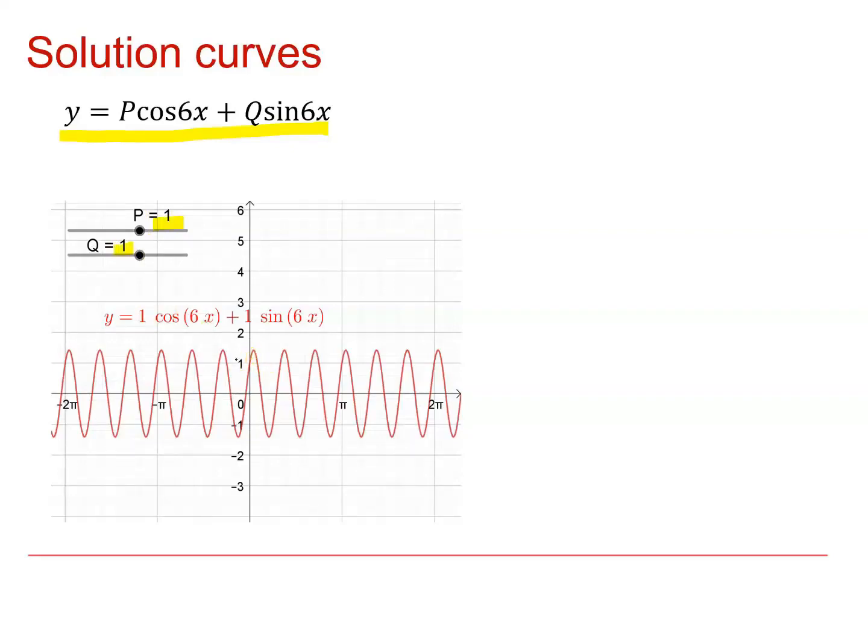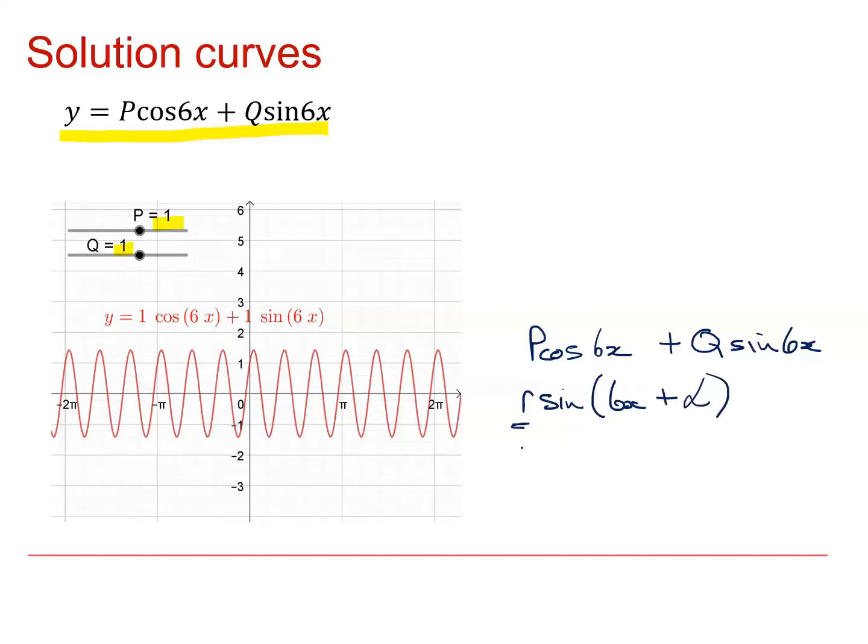And one of the things you should know from elsewhere is that we can write a combination of cosines and sines of the same angle. We can rewrite that as r sine, in this case 6x plus alpha.